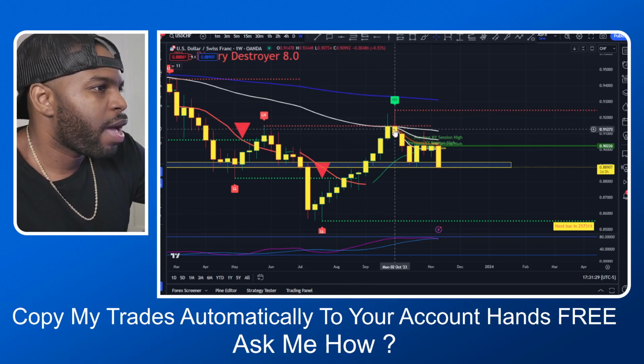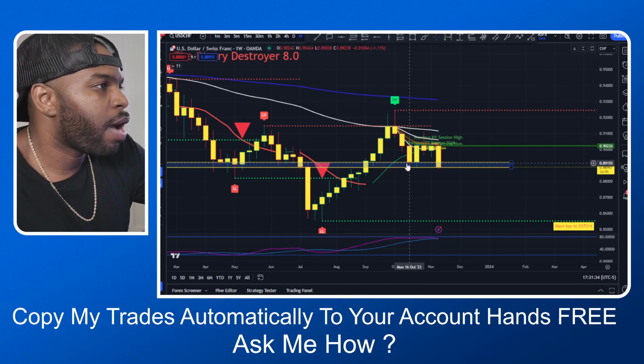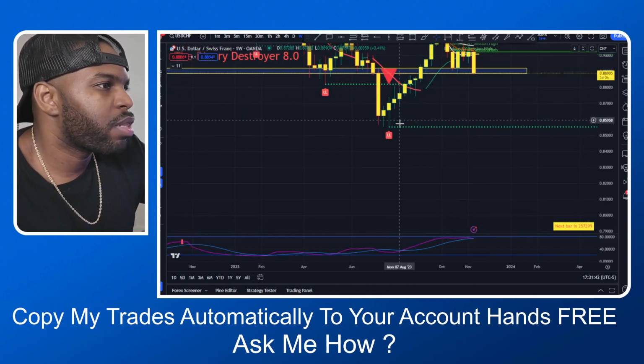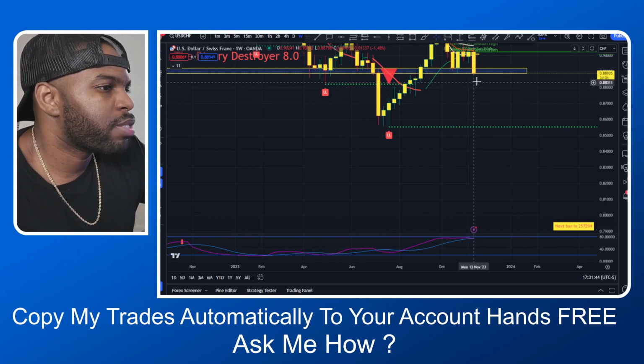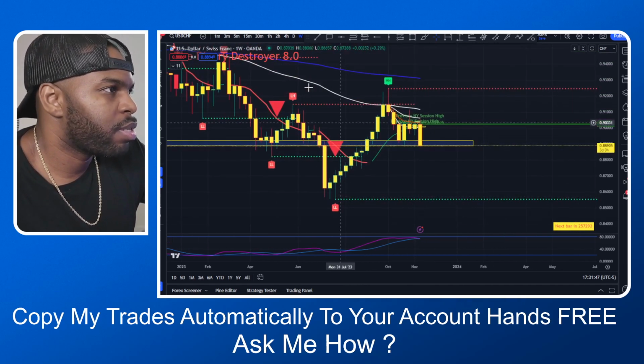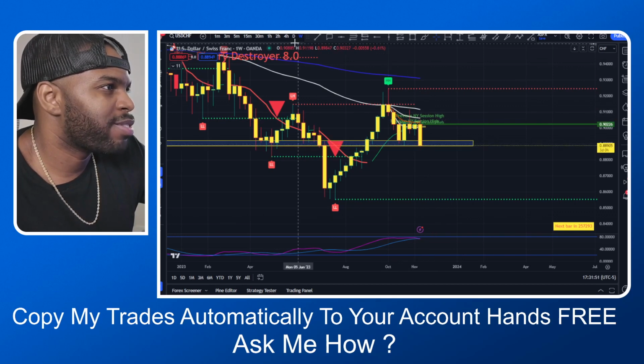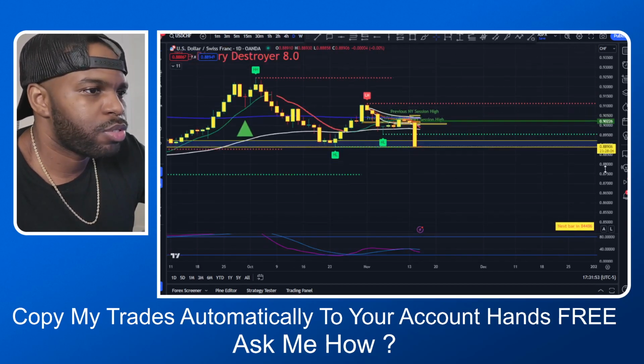Okay, but now we look like we're creating some lower highs and lower lows. So price could continue to go to the downside, and it did create a lower low here, so maybe price could be going into a downtrend. But right now it's respecting this zone, so we've got to see what it does when it comes to this zone that I have right here.